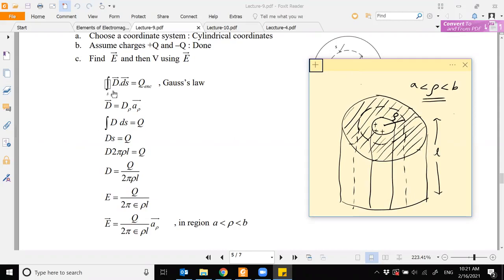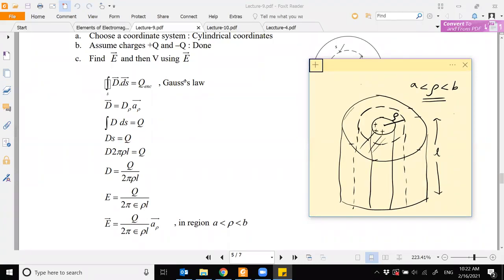Now let's go here. Closed surface integral D dot dS is equal to the charge enclosed. Now let us see how the electric field will be here. So what will be the direction of the electric field? Yes.